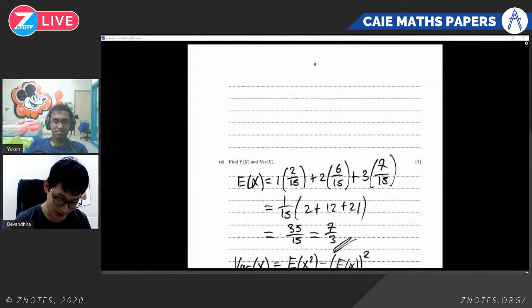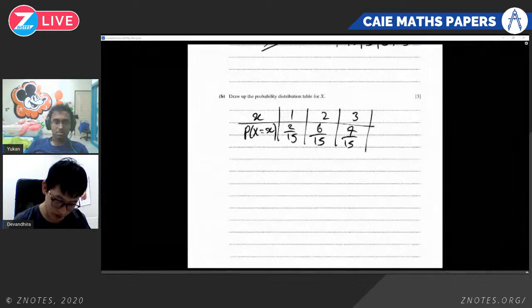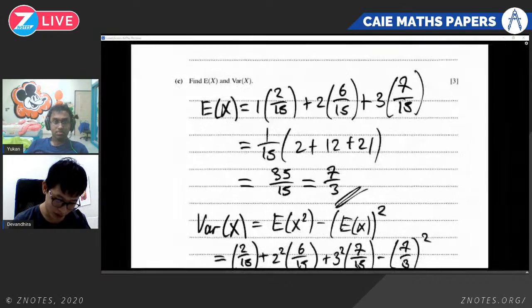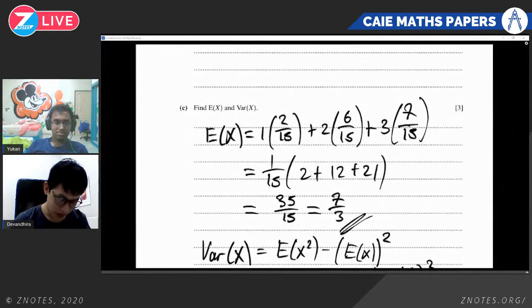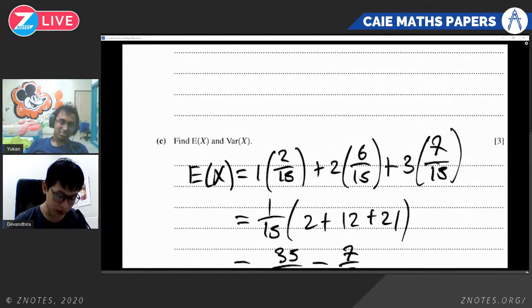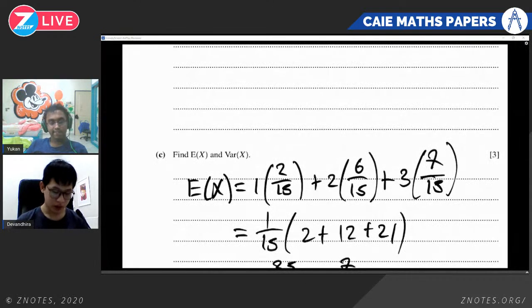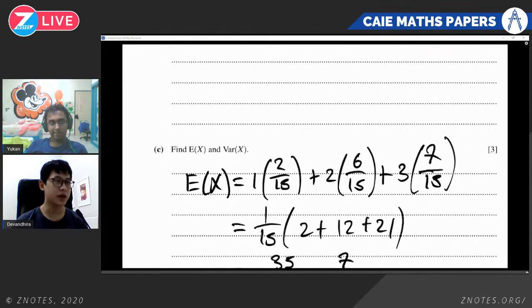Right. So next question. They even give you 2 pages to the back. That's so much. Okay. Now we have to find E of x, which is the expectation of x, and the variance of x. Right. So how can we find the expectation of x? What's the formula for that?